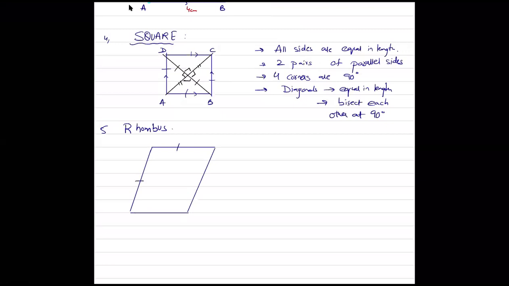So all the sides in a rhombus are same. All sides are equal in length. You can see two pairs of parallel sides. This is A, B, C, D rhombus. So AB is parallel to DC, and AD is parallel to BC.